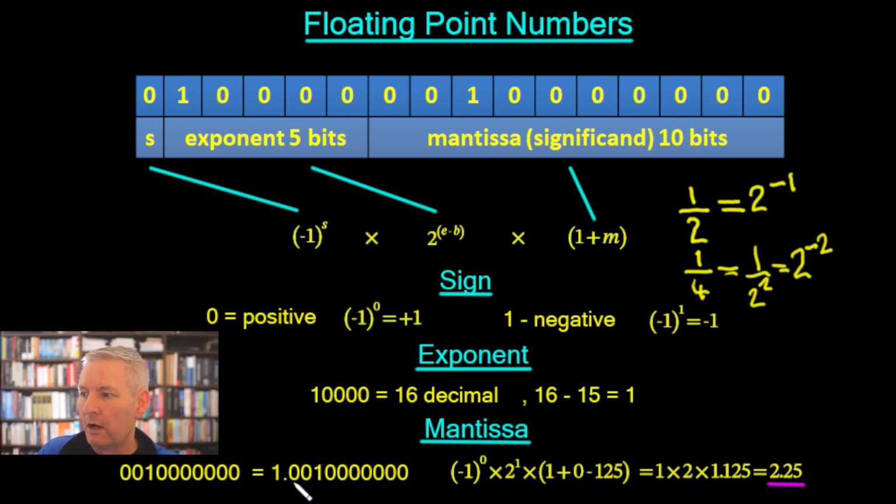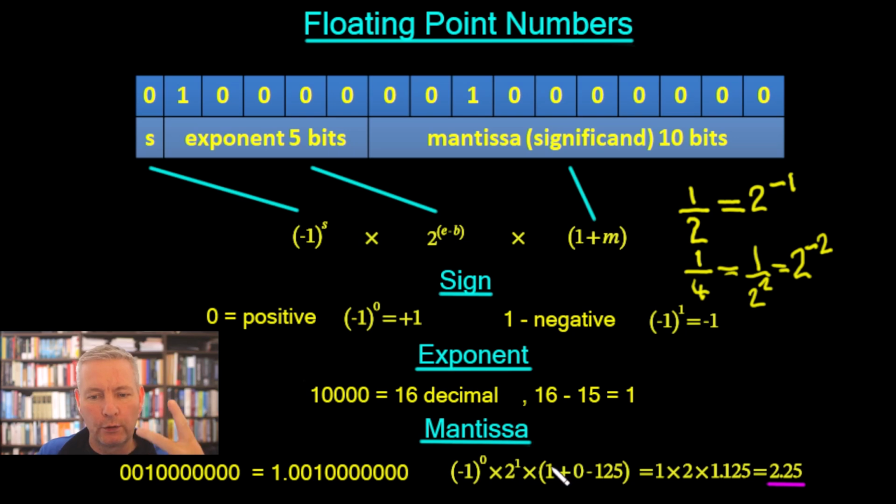Now we know that the first bit of the mantissa is 1 upon 2, then it goes 1 upon 4, and then 1 upon 8. 1 upon 8 is in fact the value of 0.125.